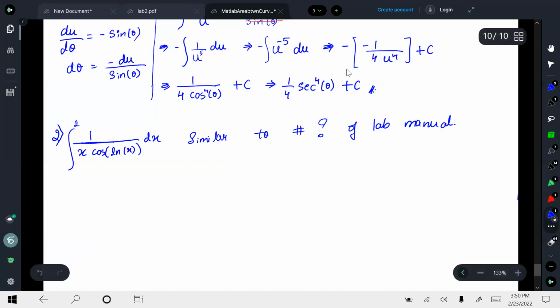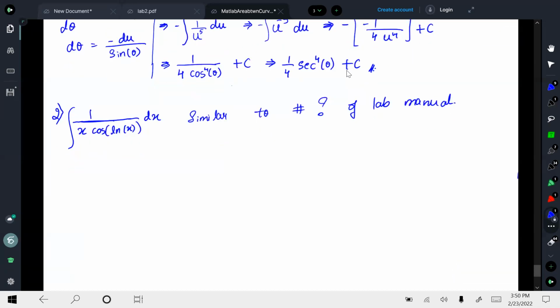Let me not write the limits. Take a close look at your lab manual and yes, right. Very good. So this is similar to question number 3. How?